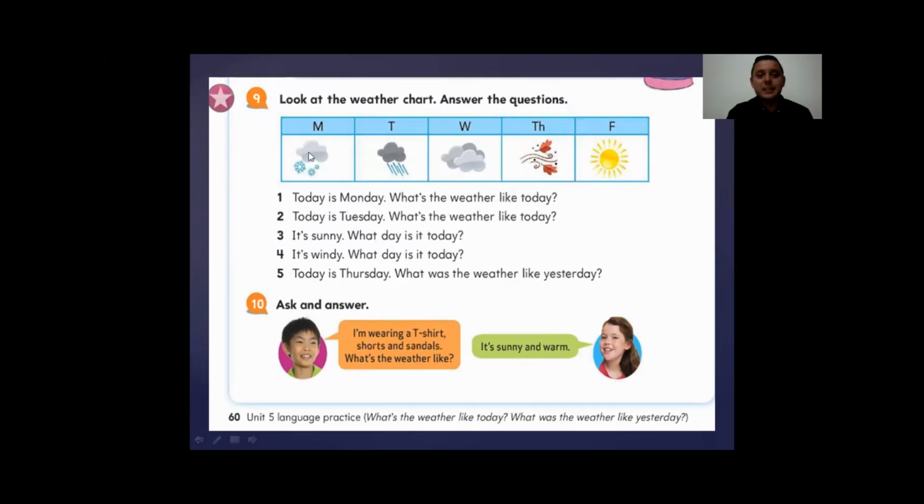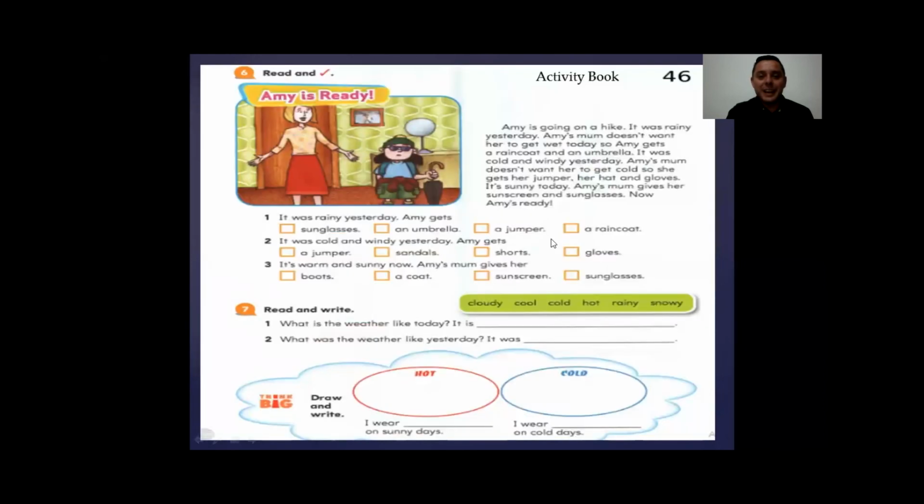It is... And on your activity book, page 46, you're going to read Amy is Ready passage again, and you're going to choose the right words. So it was rainy yesterday. Amy gets what? Sunglasses, an umbrella, a jumper, or a raincoat. So read this passage and tick the right options. Also in activity 7, you're going to write what's the weather like today and what was the weather like yesterday.